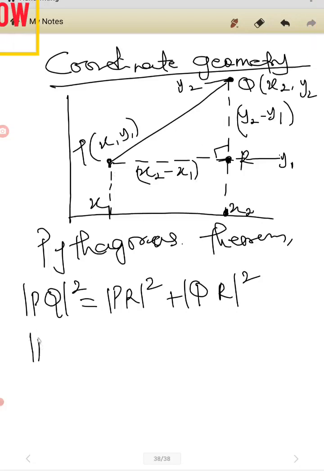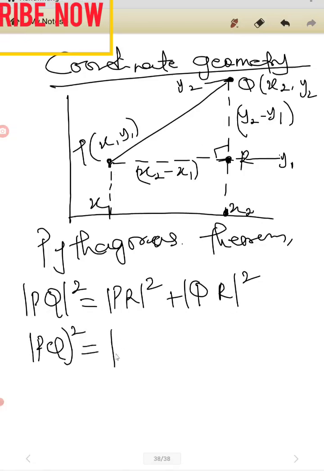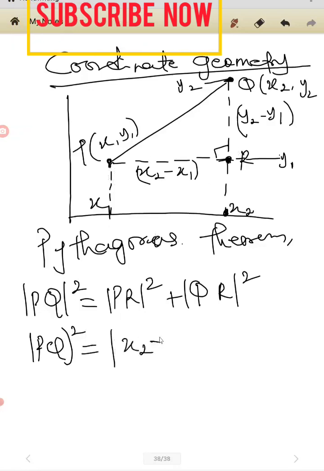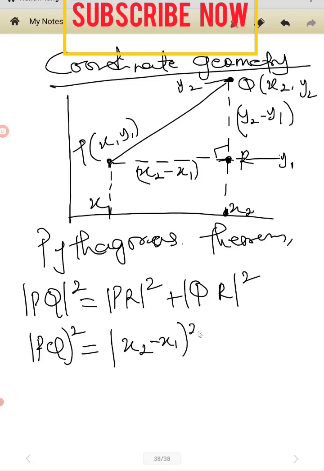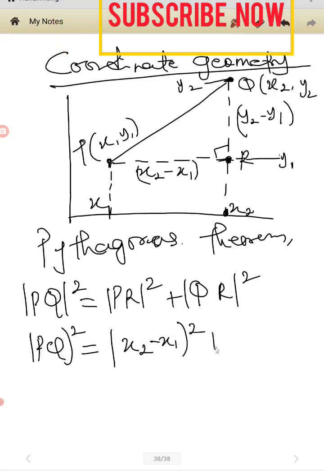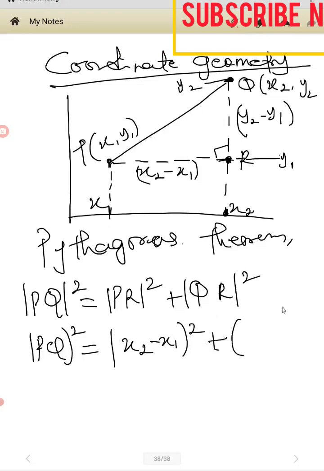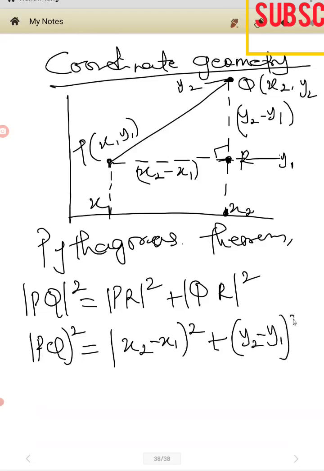Now, to know the difference between the PQ, whereby you apply the Pythagoras, we continue to have line PQ squared is equal to the line PR, which is x2 minus x1 squared, plus the line QR, which is y2 minus y1 squared.